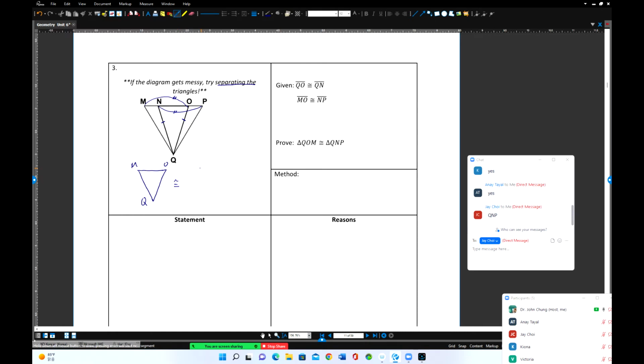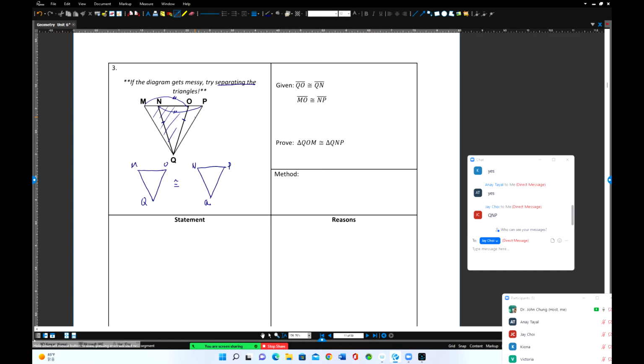And the next one is what? Q and P, right? These two triangles, this one and the other triangle, are congruent. Okay. So how can you find the three factors of congruence?